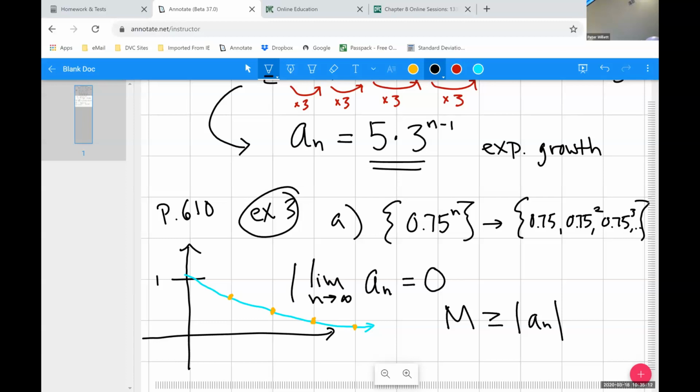And so the fact that we would get something is guaranteed by theorem 8.5. In this case, we can basically see that if you keep reducing to 75% of what you had before, you're going to shrink away to nothing eventually. This is an example of exponential decay.